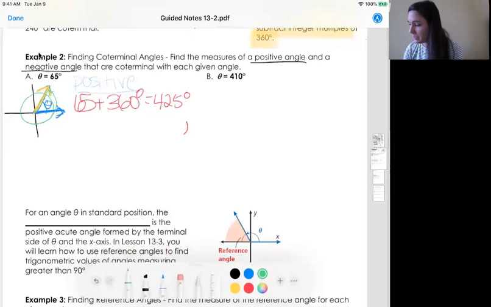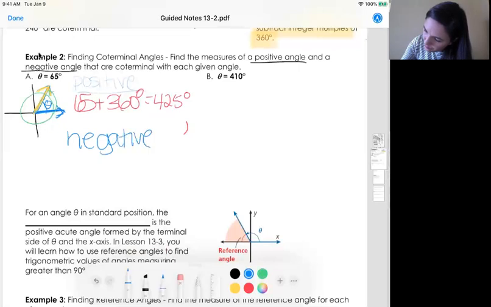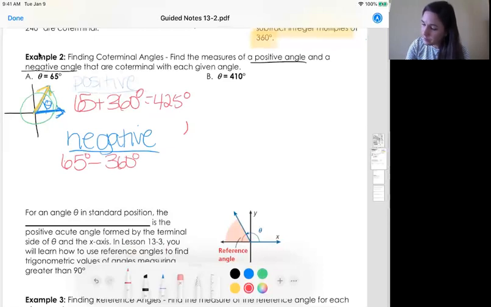Now we need to find a negative. So we can use our same formula here, guys. I can take 65 degrees and subtract 360. So 65 minus 360 is going to give me negative 295 degrees.